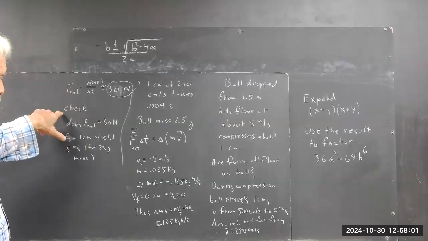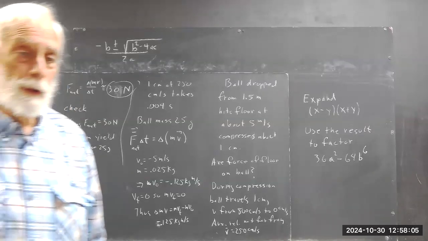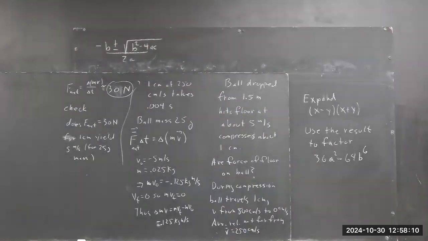Does that make sense? Quick calculation will tell you whether you had it right. I mean, you can certainly figure out what the acceleration is, right? 30 newtons divided by 0.025, which is 1,200 meters per second squared, about 120 Gs. So you want to think through stuff like that.